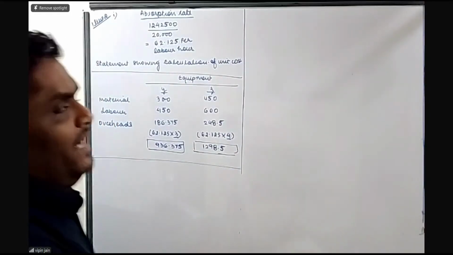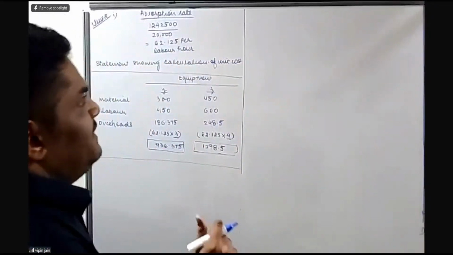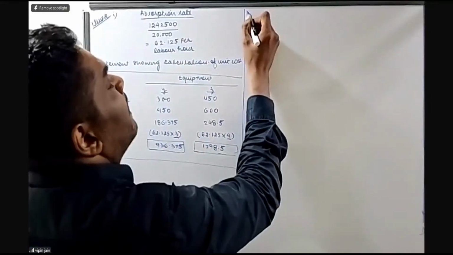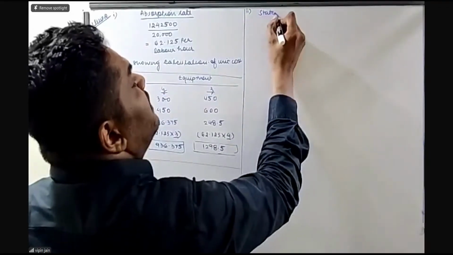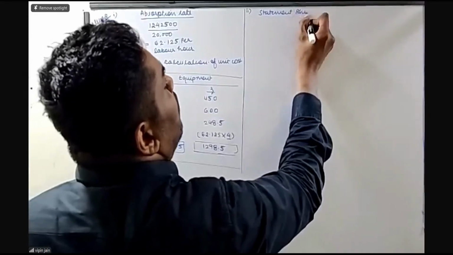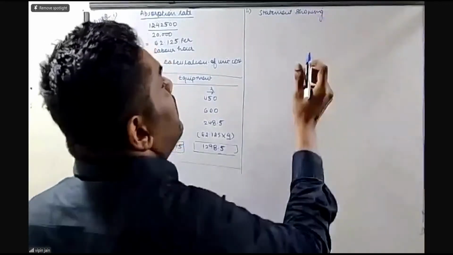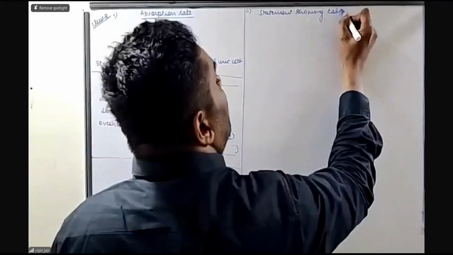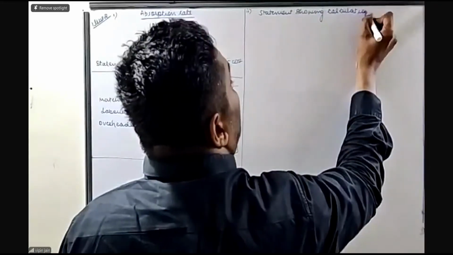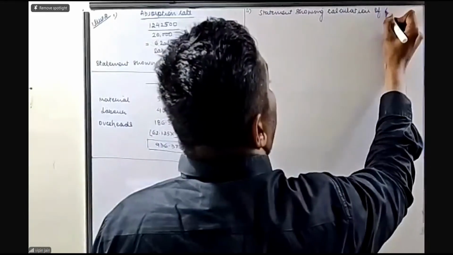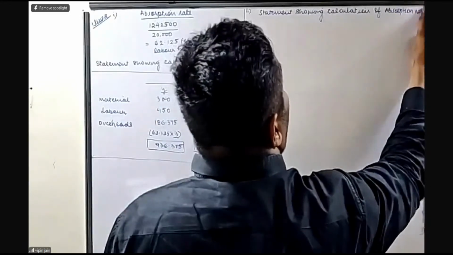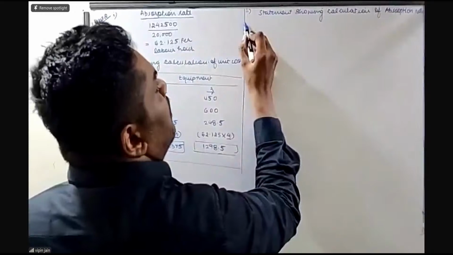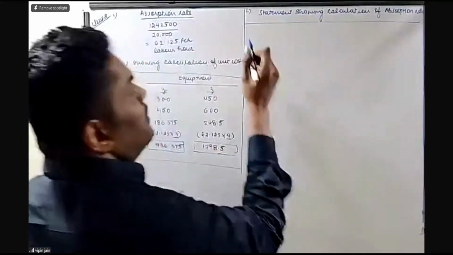Now let's start with the second part, that is activity based costing. Again, the same way. Statement showing calculation of absorption rate. The first thing is what?